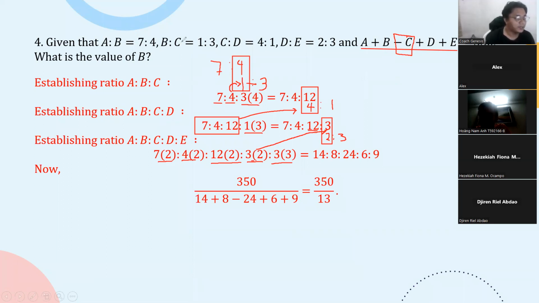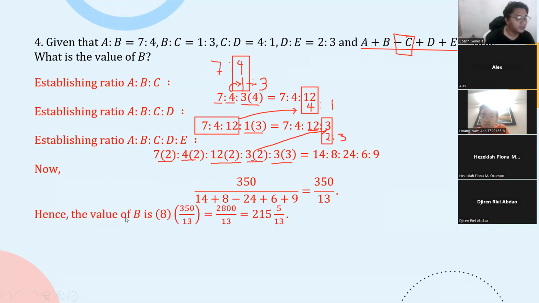That will be equal to 350 divided by 13. So this is what we call the common ratio factor, in which you will just multiply 350 over 13 to each of the values of the ratio.